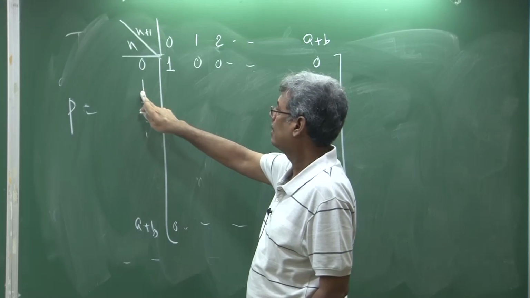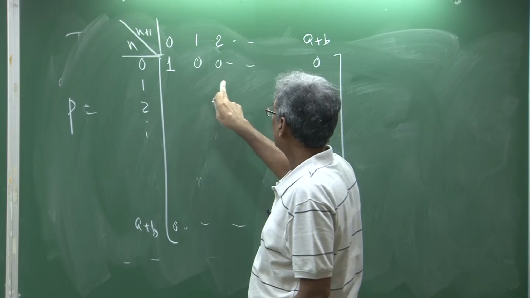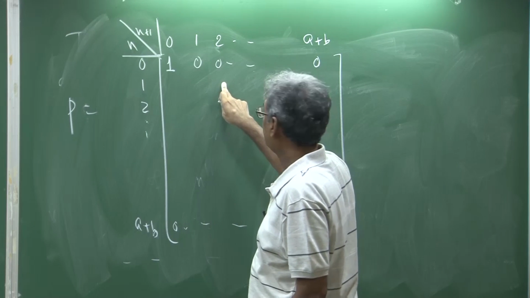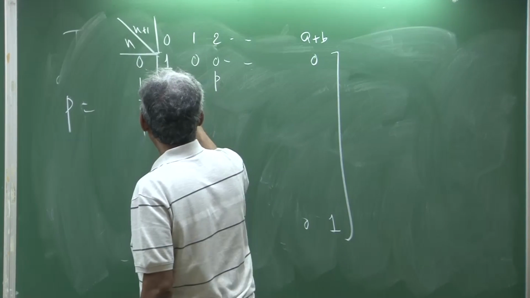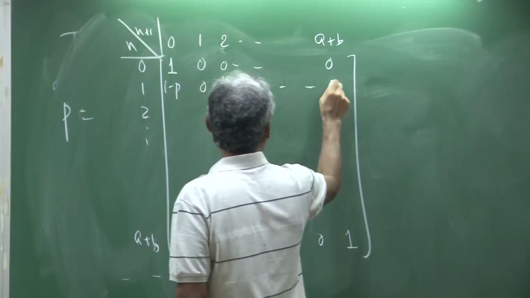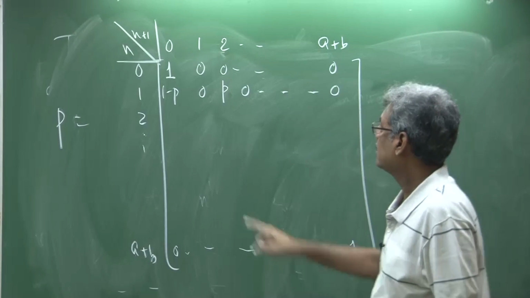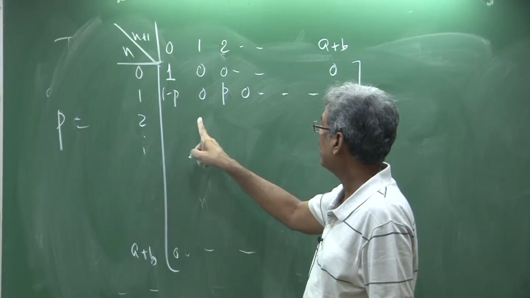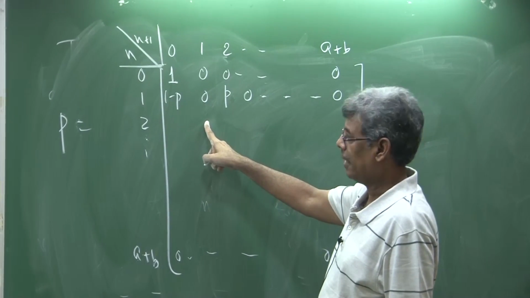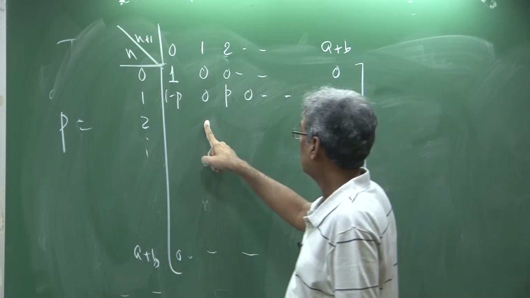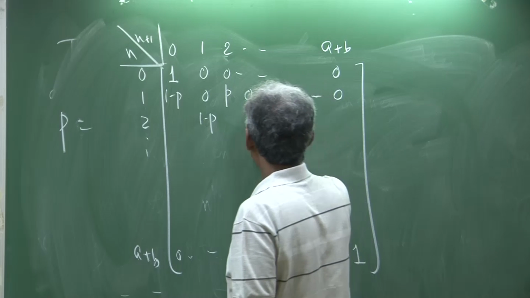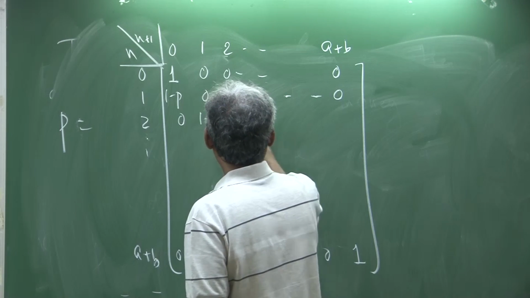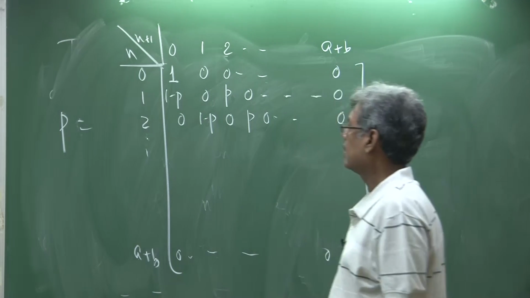From 1, you can go one step forward with probability p, and one step backward with probability 1-p. The rest of them are 0. Similarly, from 2, you can go back one step with probability 1-p, or move one step forward with probability p, and so on.